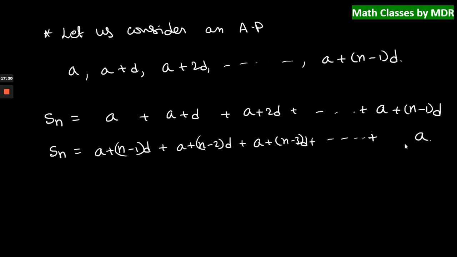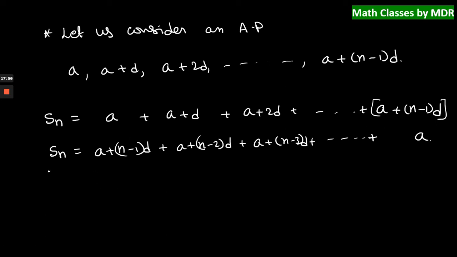If you go in the reverse direction, the last term will be a. So I hope it makes sense. If a plus n minus 1 into d is the nth term, before this we have a plus n minus 2 into d, then a plus n minus 3 into d, until we get a plus n minus n into d, which is nothing but a.